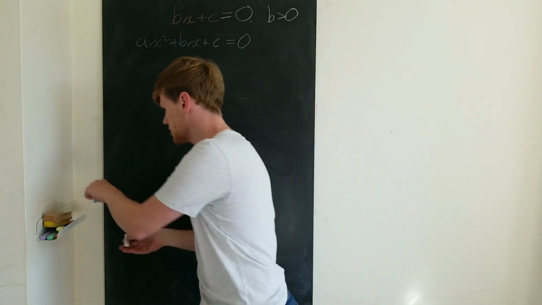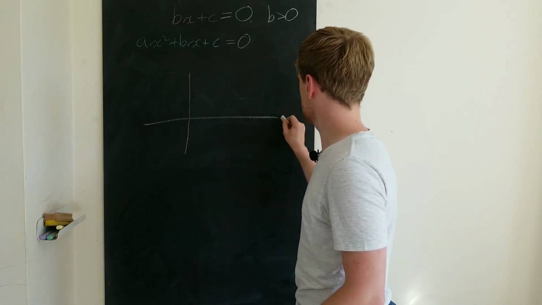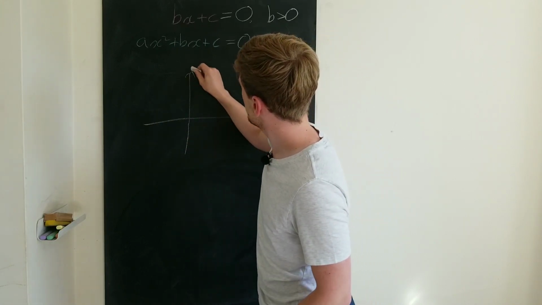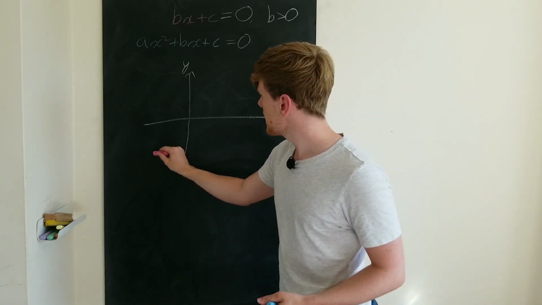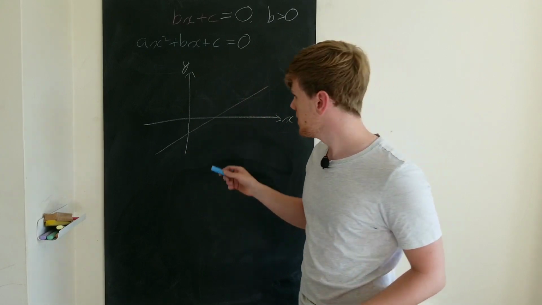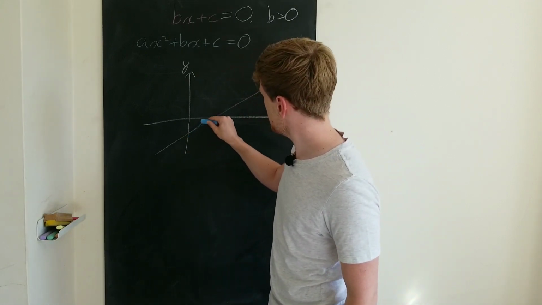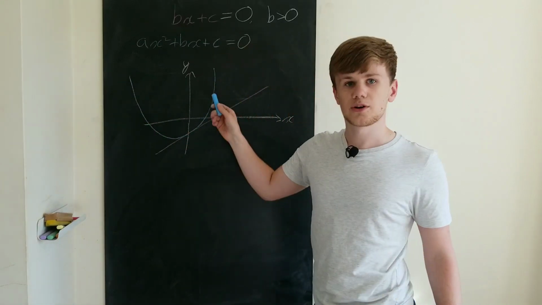And so to illustrate that with a graph, if we draw some axes on, x and y, and we draw y equals bx plus c here, and y equals ax squared plus bx plus c here, it would look something like this.